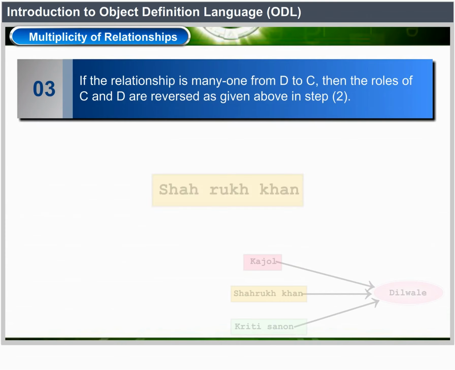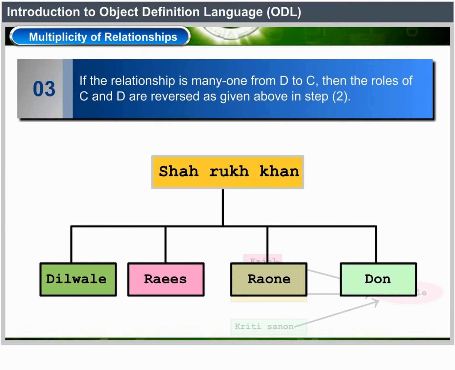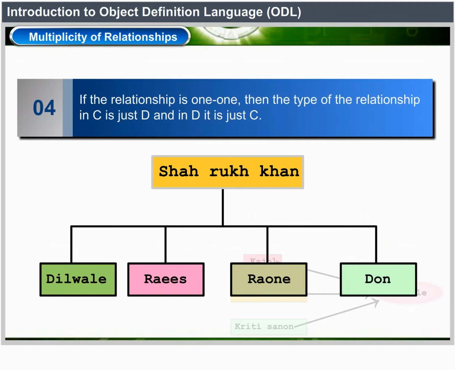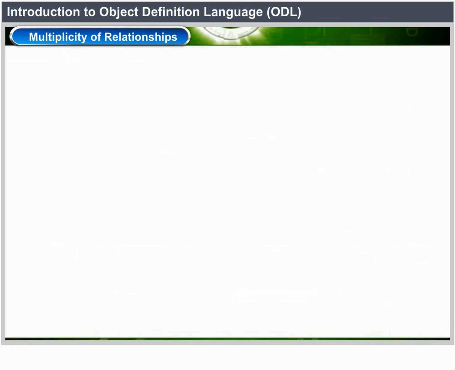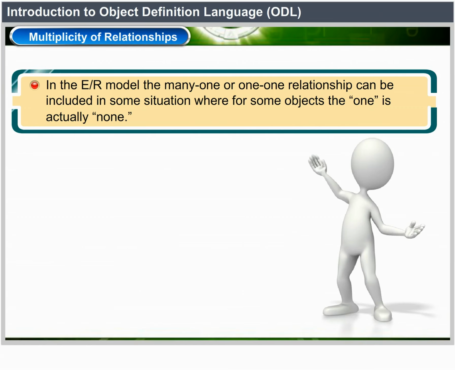If the relationship is many to one from D to C, then the roles of C and D are reversed in 2 above. If the relationship is one to one, then the type of relationship in C is just D, and in D it is just C. Note that as in the E/R model, we allow a many to one or one to one relationship to include the case where for some objects the one is actually none.